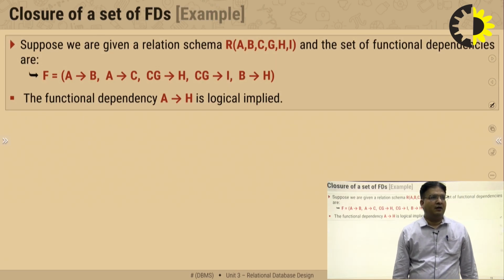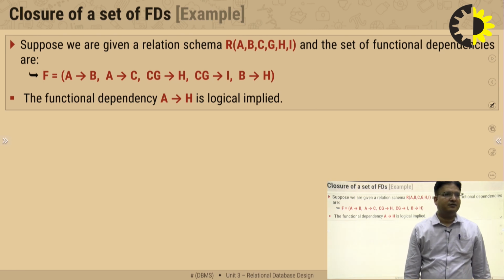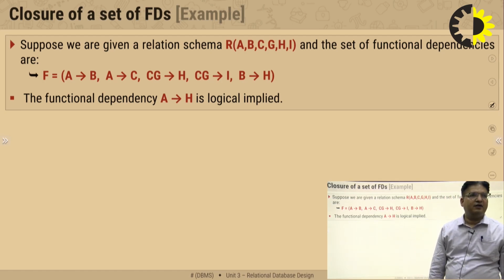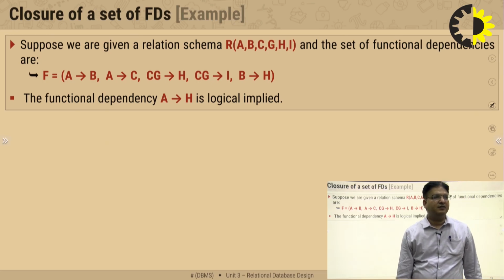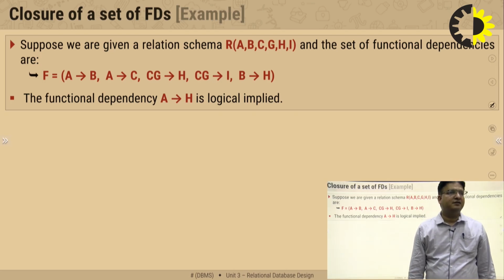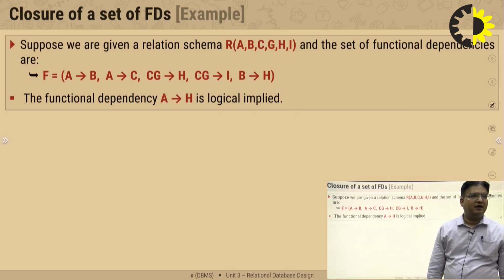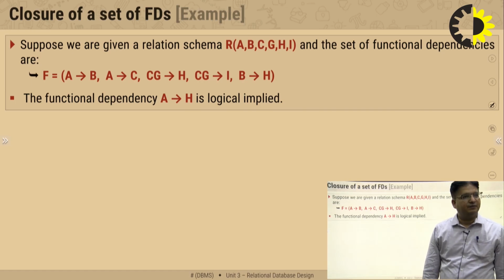Now let us illustrate with a suitable example. Suppose we have a relation R having the attributes A, B, C, G, H, I, and the set of functional dependencies are A determines B, A determines C, CG determines H, CG determines I, and B determines H. From that, how many FDs we can determine is known as the closure of the set of FDs.